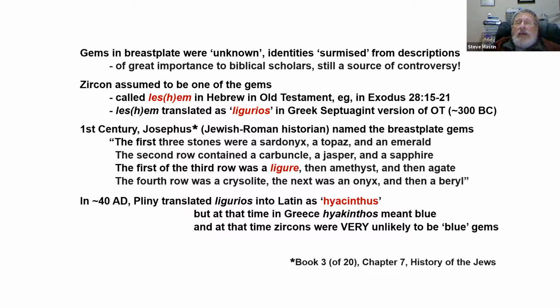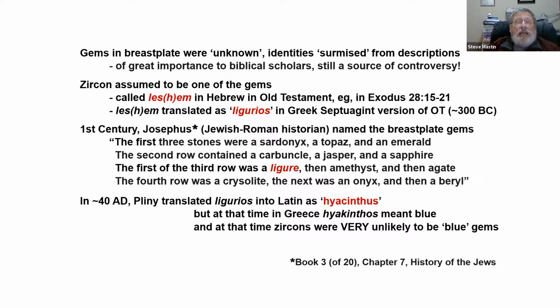And so the next time a name for what's assumed to be zircon shows up is in the translation into the Greek Septuagint version in about 300 BC, and that's now Ligurios.